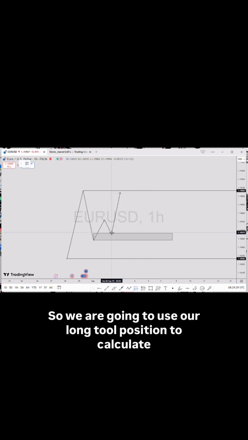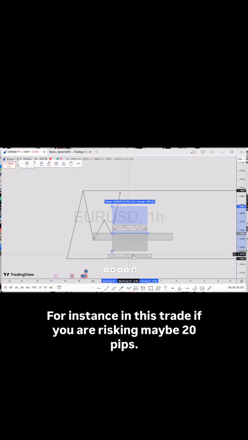So we are going to use our long position tool to calculate the pips that we are risking. For instance, in this trade, if you are risking maybe 20 pips, and we are targeting almost, let's say, 50 pips. So these digits are what we call pips.